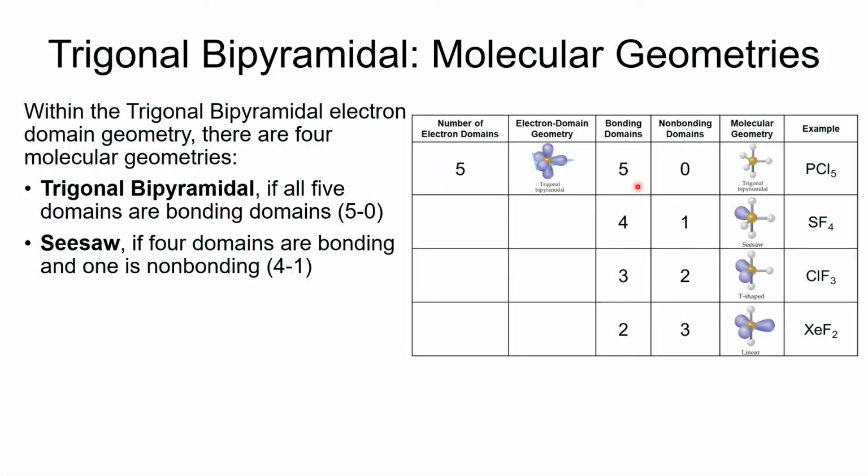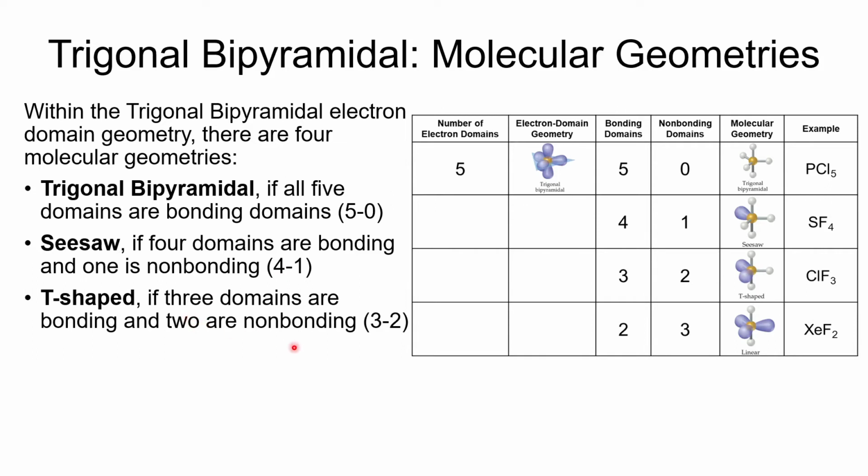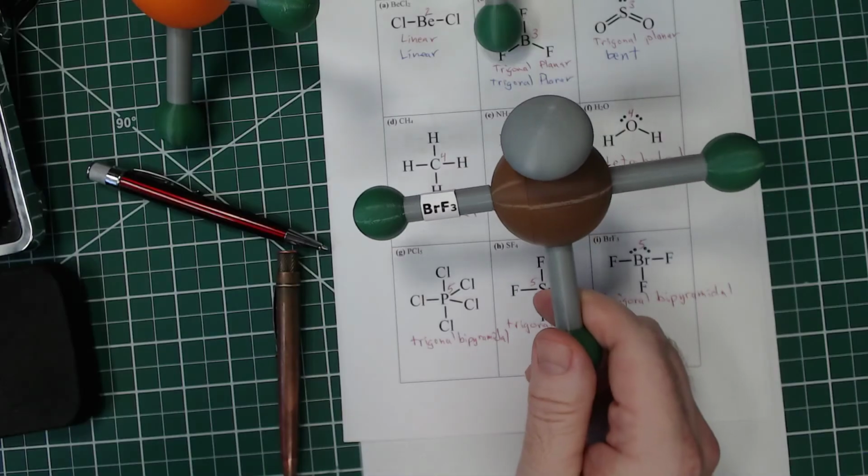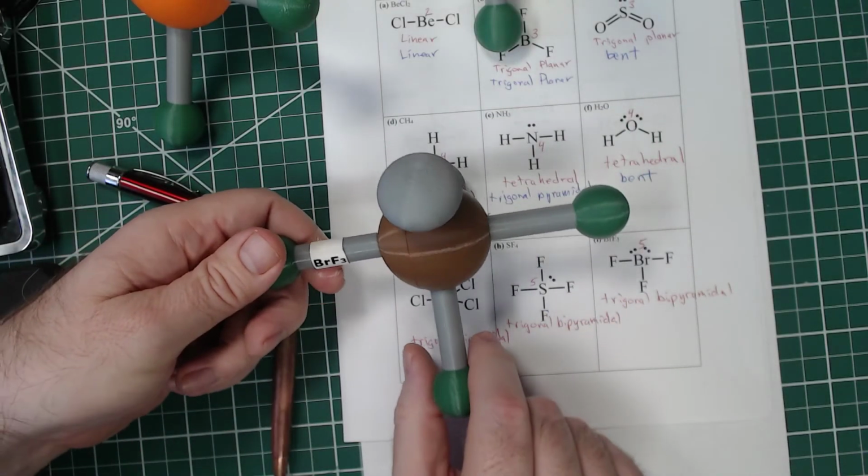All right. So that's 4-1. If we've got 3 bonding domains and 2 non-bonding domains, we're going to refer to that as T-shaped. Again, we will find that the lone pairs end up in the equatorial position. All right, so here is BrF3.